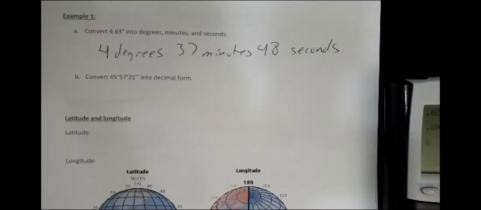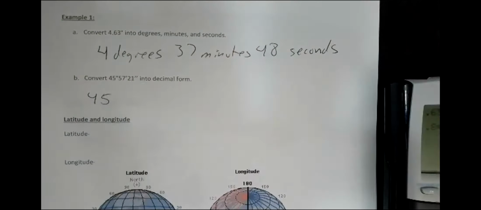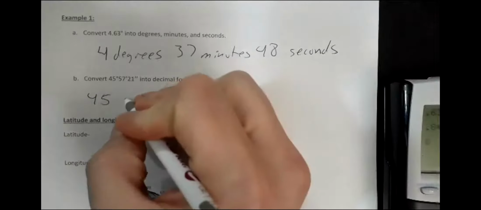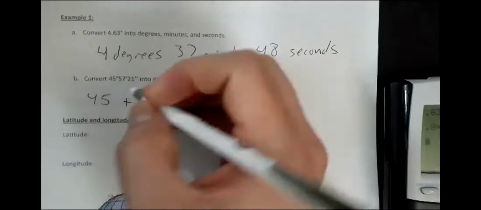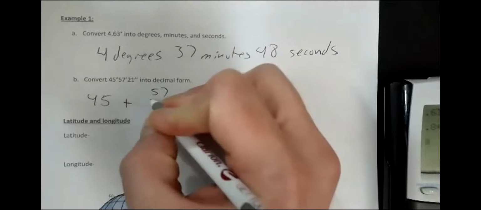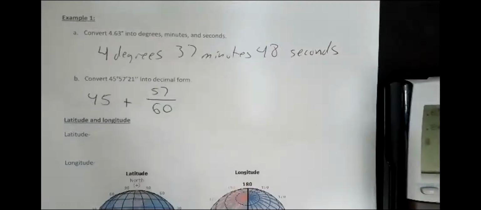And I want to convert this thing into decimal form. So I know I have 45 degrees. This 57 is minutes. So if I want to convert 57 minutes into degrees, I have to divide it by 60.